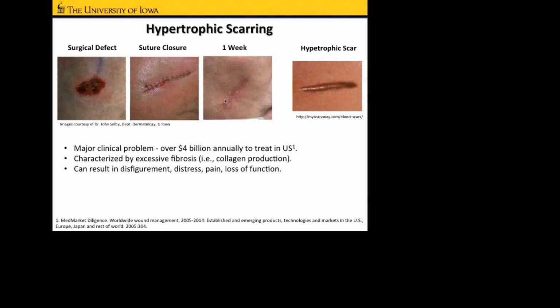So it's a big problem, and there are a number of different clinical treatments in practice right now, just a few of them being corticosteroid injection, silicone gel sheeting, use of paper tape, and pressure therapy.